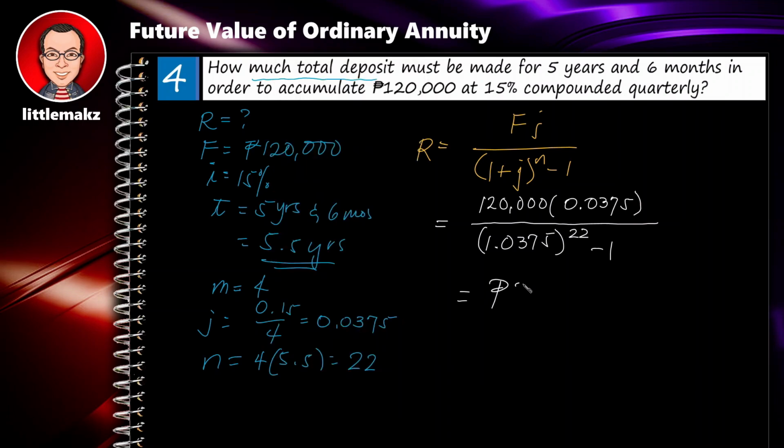Write it down: 3,606 and 64 centavos. So this is going to be our periodic payment.